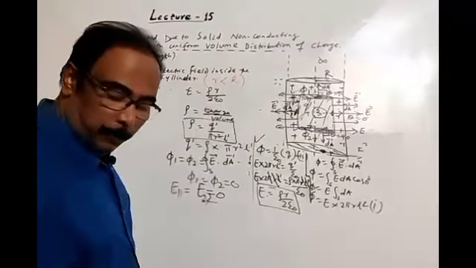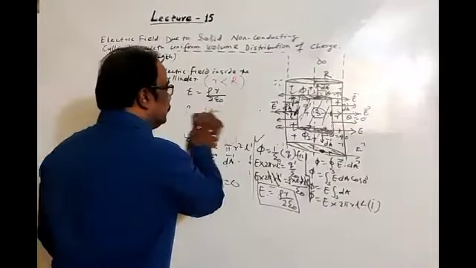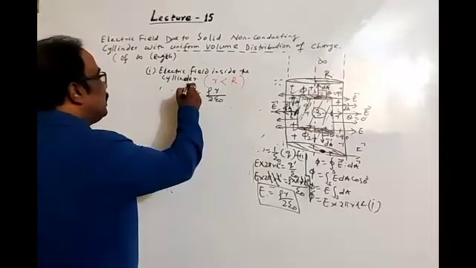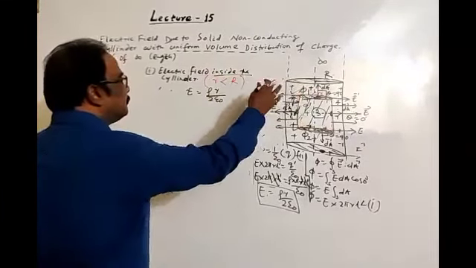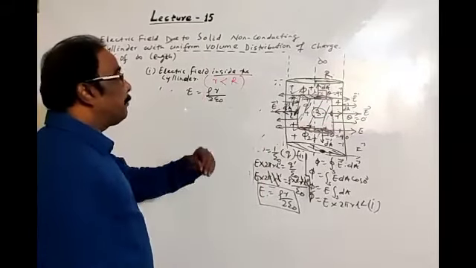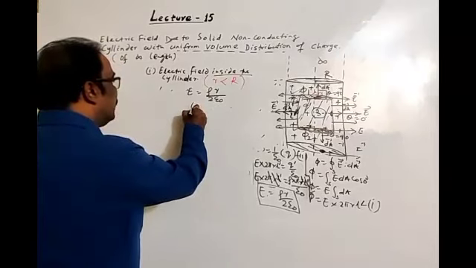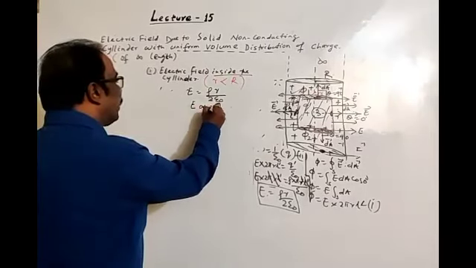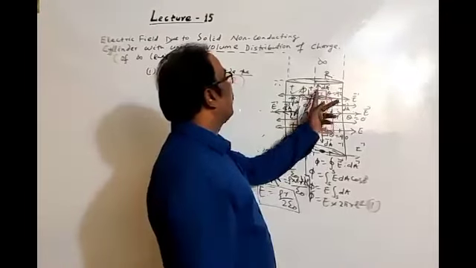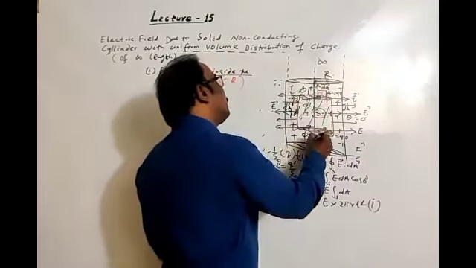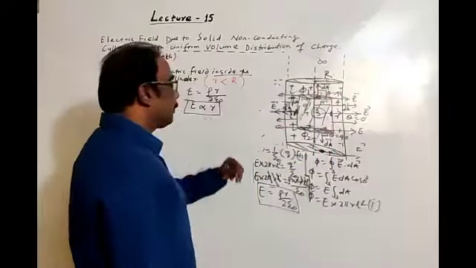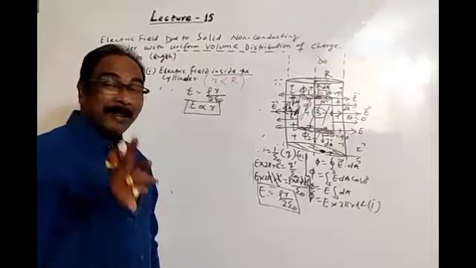Now, the relation shows that inside the cylinder, where there is a uniform volume distribution of charge, the electric field varies directly as the distance R, means if this is the axis of the cylinder, this is R. If R increases, then the electric field increases linearly.